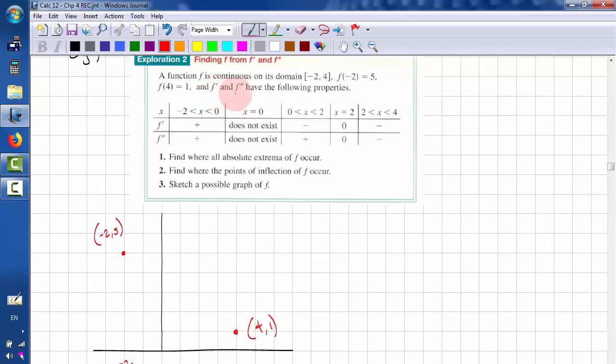And the first derivative and second derivative have the following properties. From -2 to 0, we have increasing and concave up. At 0, it does not exist, so this must mean it's a corner. So let's just put this down. Starting points.